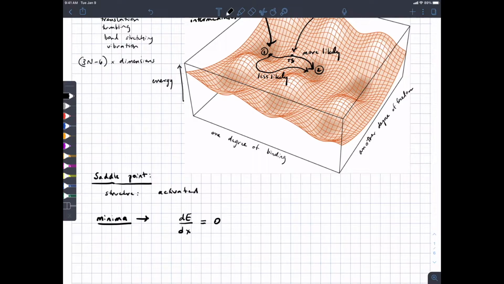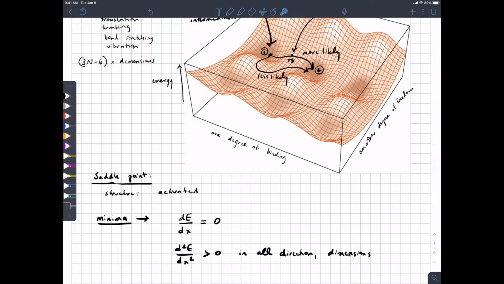But then the other feature of the minimum is that if it's an energy minimum, the second derivative has to be positive in all directions, in all dimensions. And that's how you tell that something's a minimum, because if you make a displacement, the energy goes up.